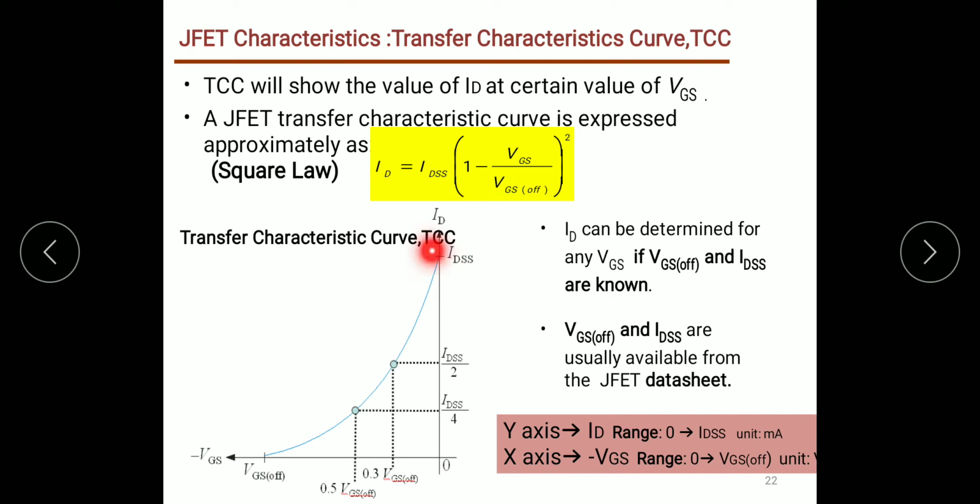So the maximum current is IDSS, we know. As we go on increasing VGS on the negative side, IDSS is the maximum value and the drain current goes on decreasing as we increase VGS, and eventually it becomes 0 at this point.